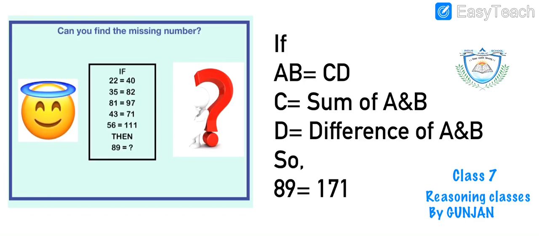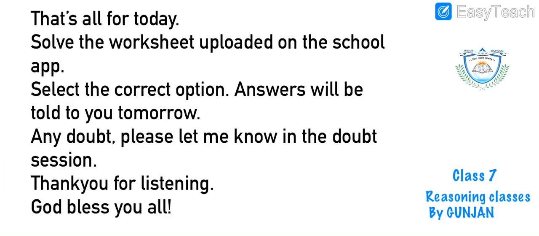And D is the difference of A and B. So 0 is the difference of 2 and 2. So to find out the value of 89 here, according to the pattern, it will be 8 plus 9, 17, and the difference of 8 and 9, which will give us 1. So our answer will be 171.